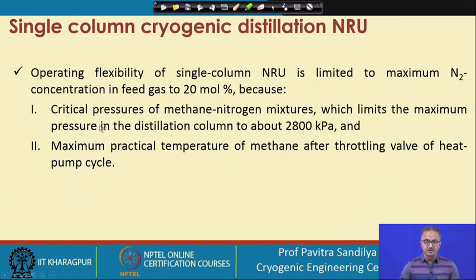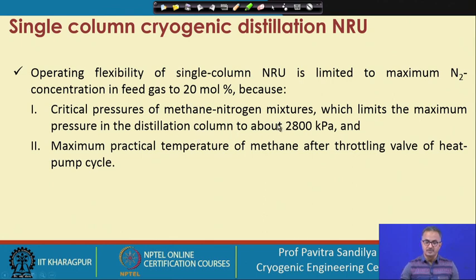Now, the operating flexibility of the single column is limited when the nitrogen is less than about 20 mole percent, because of the critical pressures of methane-nitrogen mixtures, which limit the maximum pressure. Beyond the critical pressure we cannot condense, so we have to always keep within the critical pressure to get the two phases.